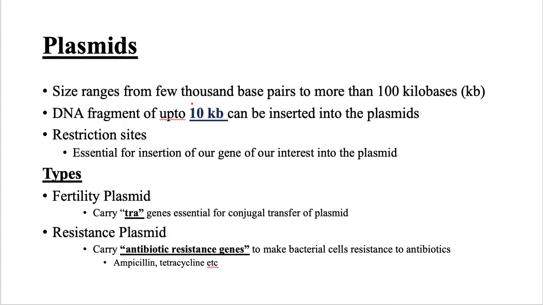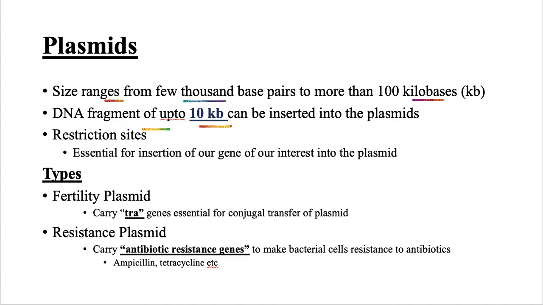Okay, now these plasmids range from a few thousand base pairs to more than 100 kb. DNA fragments of up to 10 kb can be inserted into a plasmid. So, for instance, if we have a smaller plasmid, we can insert a bigger gene of interest into that.